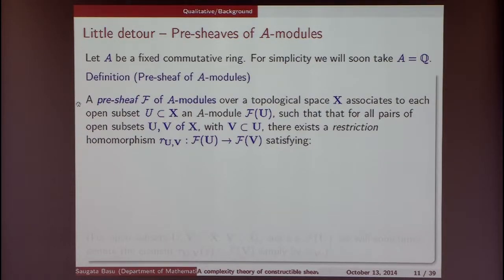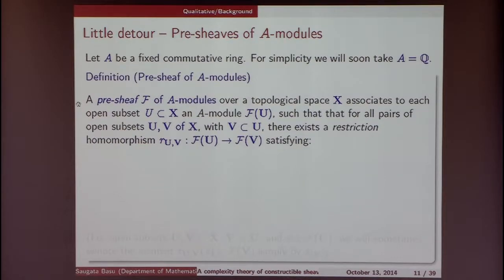So it associates to every open U an A-module, and if A is a field, a vector space, F of U, and a restriction homomorphism for every pair of opens V contained in U.